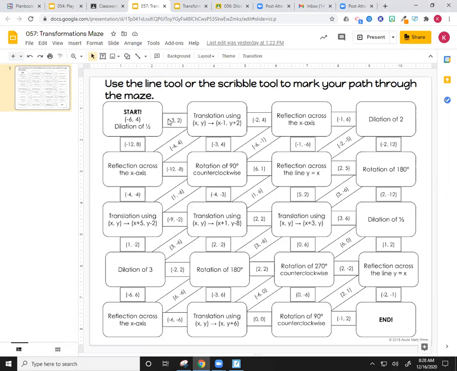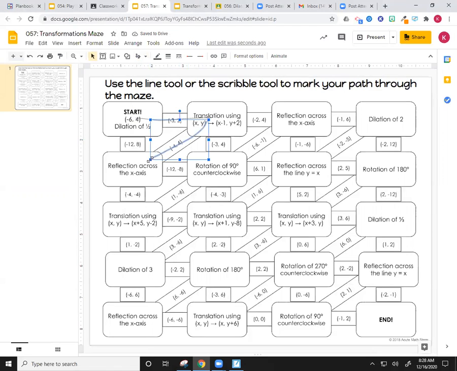So now you take that -3, 2 and you're going to subtract 1 from the x and add 2 to the y. You can either use your line tool to make lines, or in here you also have this scribble tool. So you can take your scribble tool and go here or wherever you're going to go.